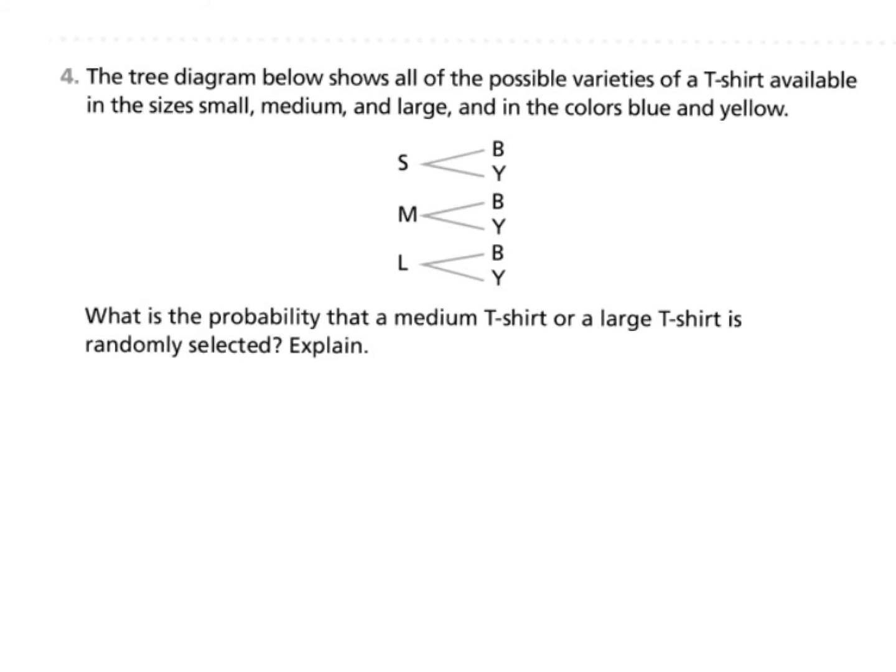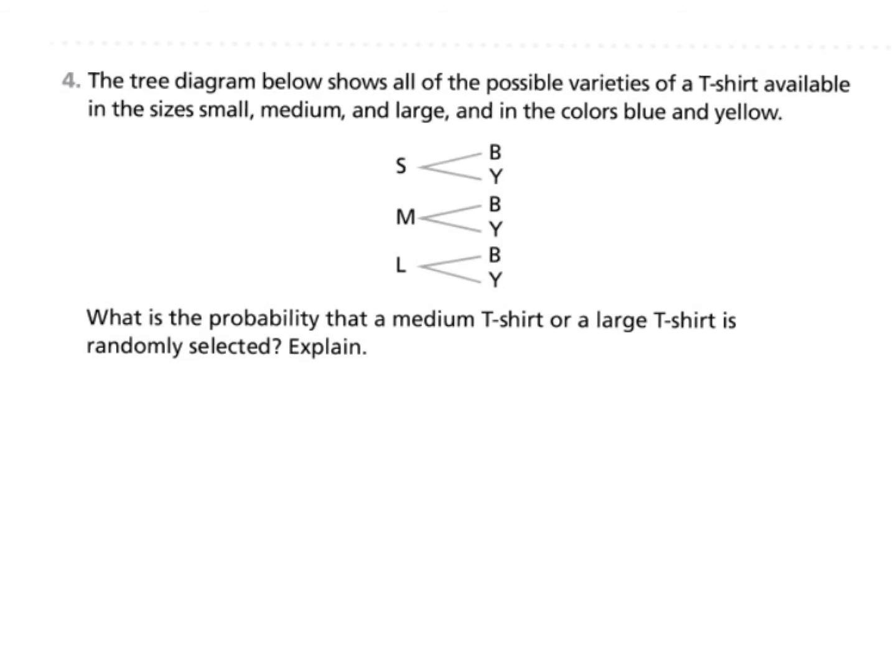Number 4, a tree diagram shows all the possible varieties of t-shirt available in the sizes small, medium, and large, and in the colors blue and yellow. What is the probability that a medium t-shirt or a large t-shirt is randomly selected? Okay, so what I'm going to do here, the tree diagram is fine, but for some people it might be easier for you to list these out as ordered pairs.